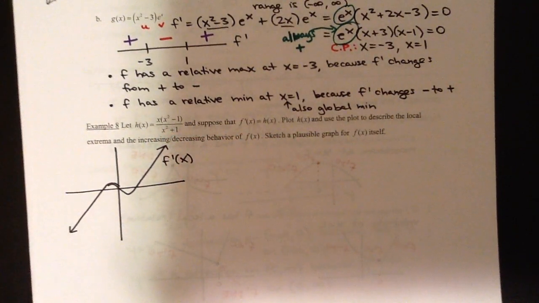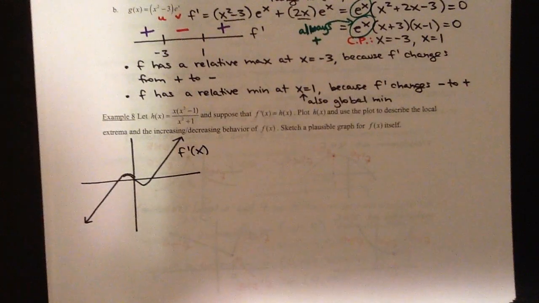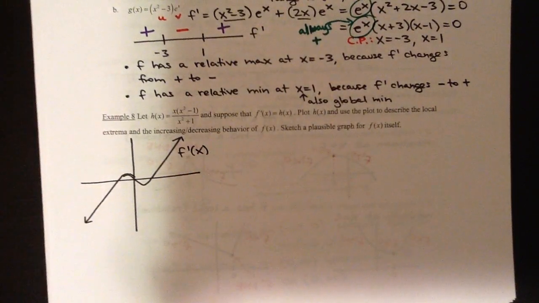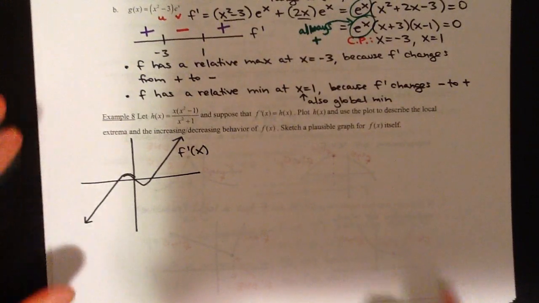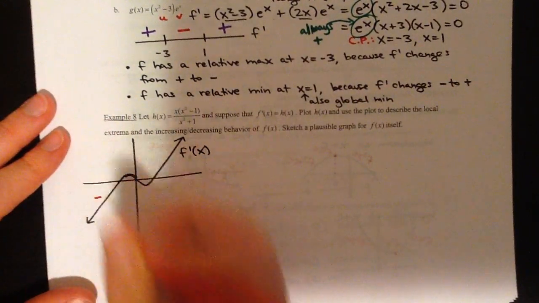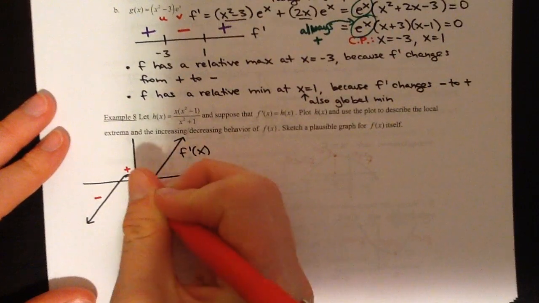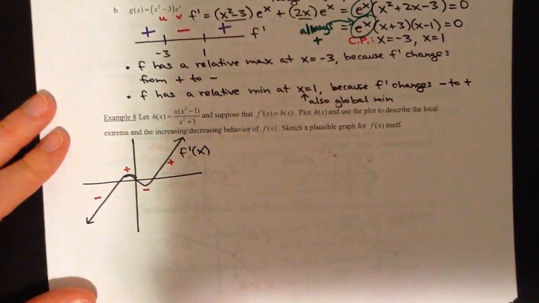All right, so if we know that this is f prime, we're going to use that behavior to describe local extrema and then describe the increasing, decreasing behavior of f of x. So, again, we are pretending that this is f prime. When we're talking about increasing, decreasing behavior, we want to know when is f prime positive, when is f prime negative. So of course here, f prime is negative, f prime is positive, f prime is negative, and then f prime is positive.